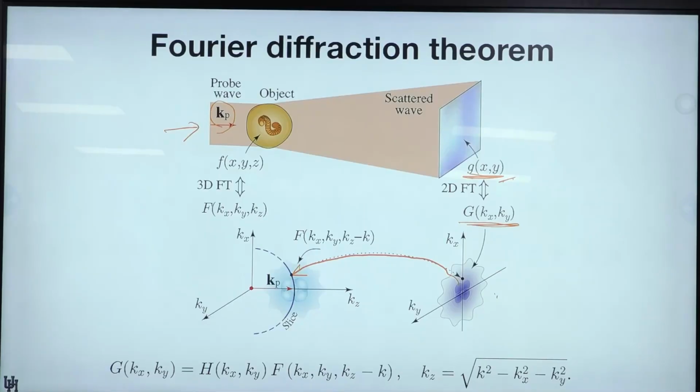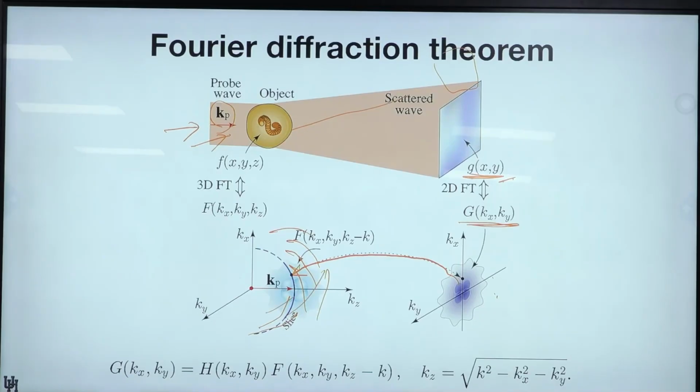Now for another direction, you have a slightly different direction come in and make another measurement. Then you make another measurement at a different time, and so on. So for every one of these, you take the 2D Fourier transform and put it in the Fourier space like this.